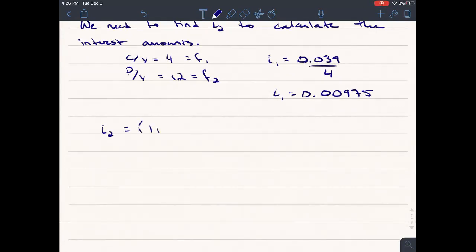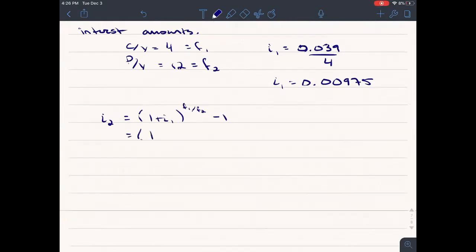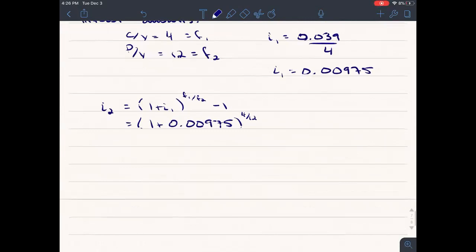So I2 is 1 plus I1 to the power of F1 over F2, minus 1. 1 plus 0.00975 to the power of 4 over 12. Almost wrote 52, not sure why.